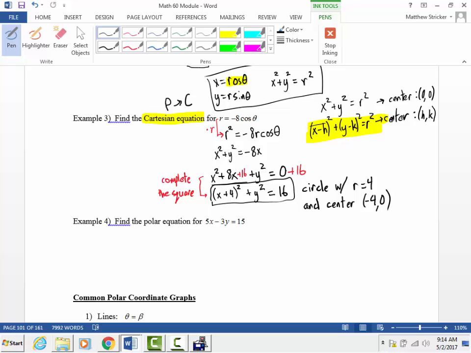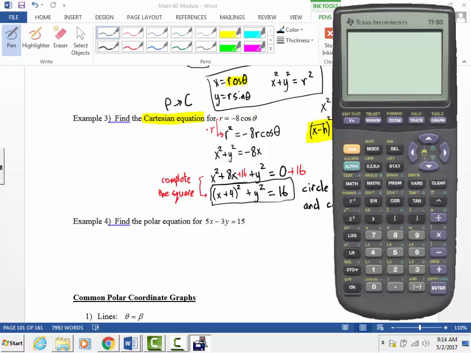Shall we try with our calculator, verify this? Pull open your calculator, go to your polar equation, and let's put that equation in. Make sure you use the negative button, not the subtract button. So negative 8 cosine. And now notice again, just like last time when we were in parametric, when we hit this button it gave us a t. When we're in polar it's going to give us a theta.